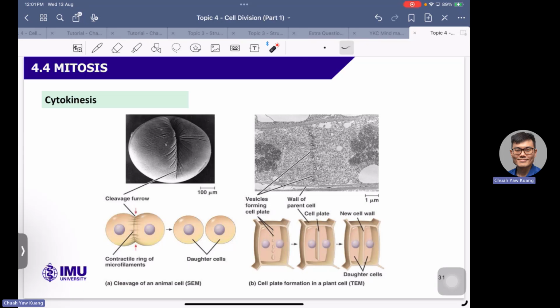This is how it looks under the microscope. That is the first point. When the cleavage furrow forms, second point, it will pinch in and eventually separate the cell into 2 cells.